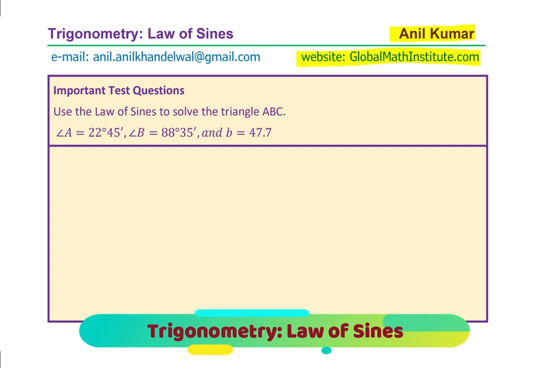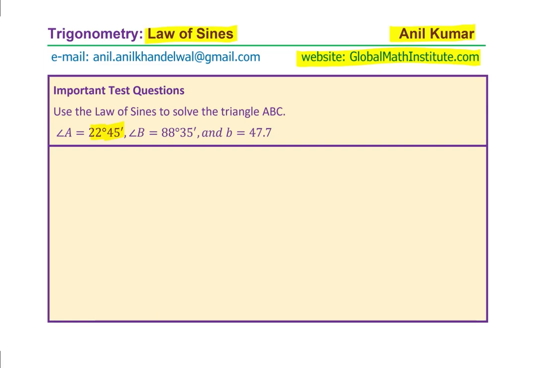In this video, we'll discuss an application of the sine law. We have taken angles in terms of degrees and minutes, and that makes it slightly tricky. Here is a very important test question: use the law of sines to solve the triangle ABC.